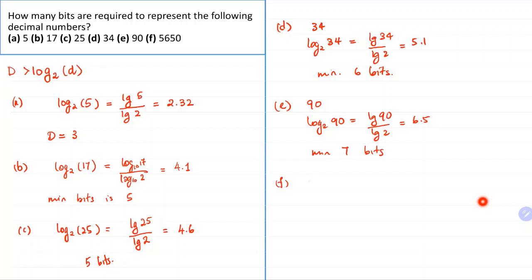F, 5650. That will be 12.5. So we need a minimum of 13 bits to represent 5650.